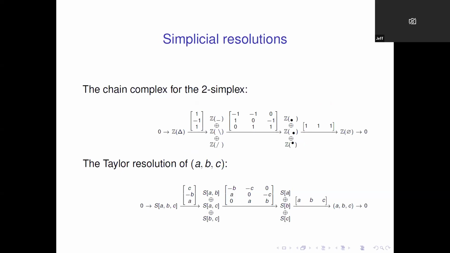And when we do that for, for example, the two simplex, you'll notice that it's almost exactly the same thing as what we got when we built the Taylor resolution of this ideal with three generators. The only difference is that on the bottom, we have a bunch of multi-degrees. So the generators for each of the free modules have multi-degree A or B or C or AB or whatever.